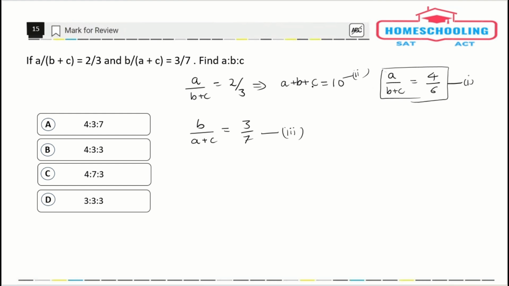So if we take all these three equations, 1, 2 and 3, as we can see, A is equal to 4 from equation 1, B is equal to 3 from equation 3, and similarly from this also we can write, because from this we can say that B plus A plus C is equal to 3 plus 7, that is 10.